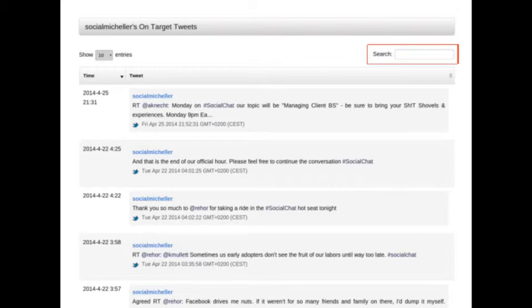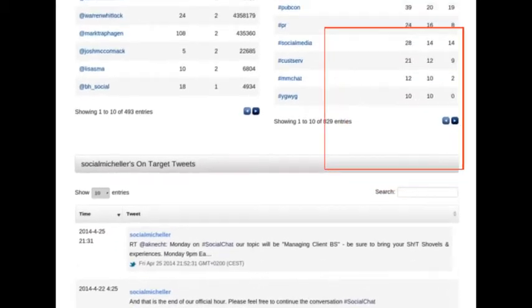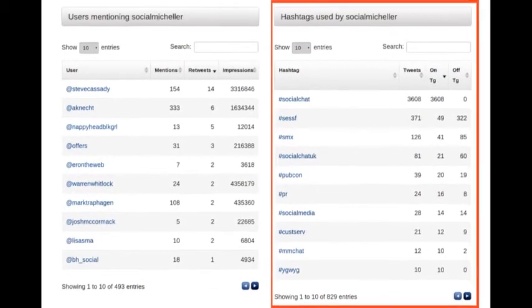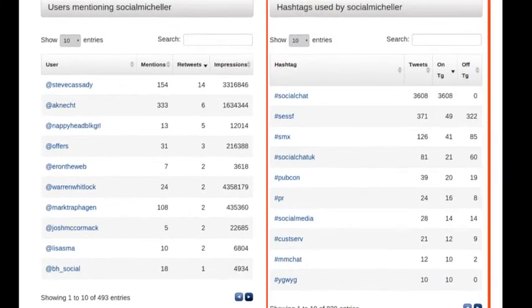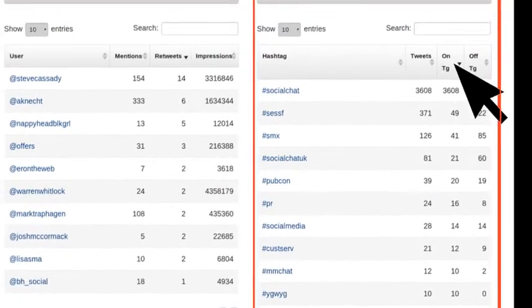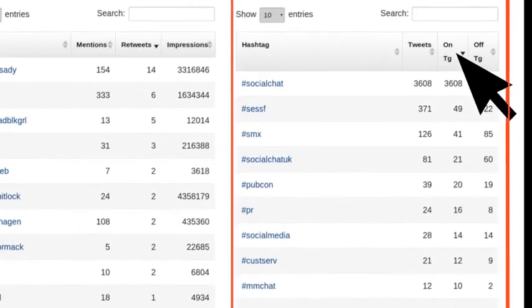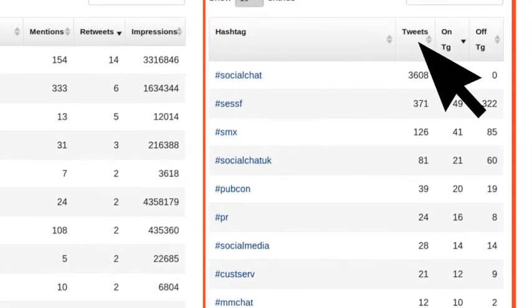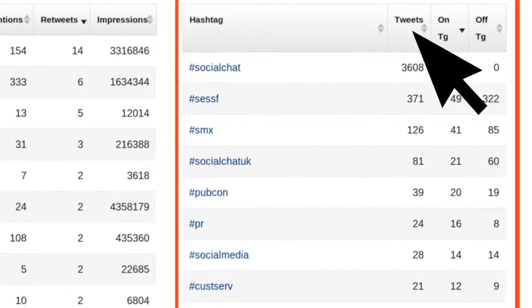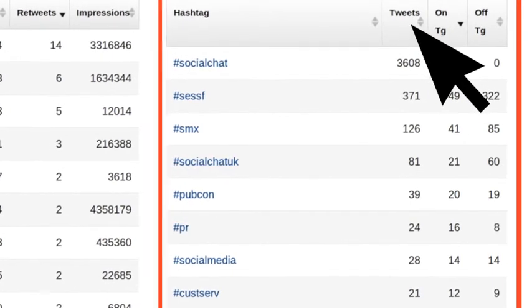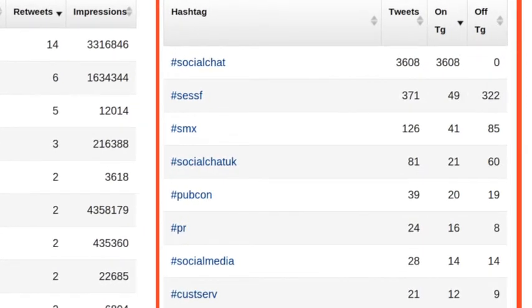Last but not least, you can also learn about the other hashtags used by @SocialMichelle, both together with the tracked hashtag, if you sort by on-target tweets, and in general, if you sort by tweets. This is a very interesting way to find common interests with an influencer, making it easy to connect with him. It's also a good way to find more specific hashtags related to your tracked one, and so find related communities or sub-communities you can explore and join.